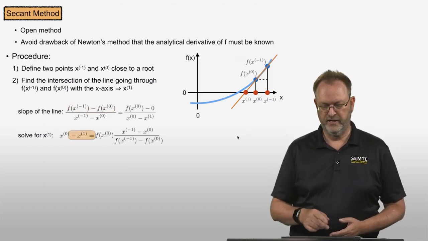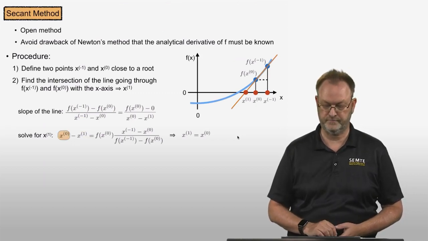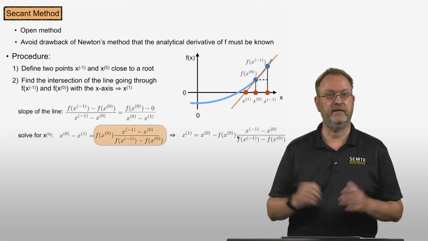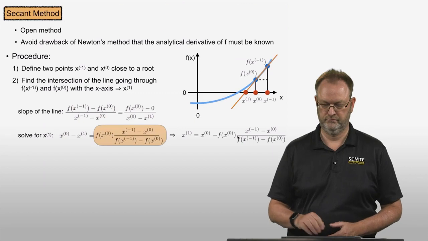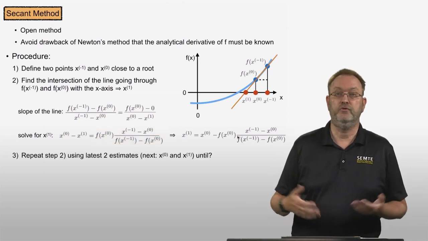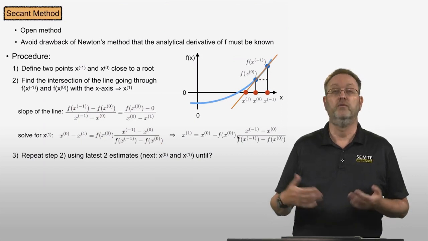Now I'm going to bring the x1 over to one side, and that gives me x1 is equal to x naught minus this entire right-hand side.